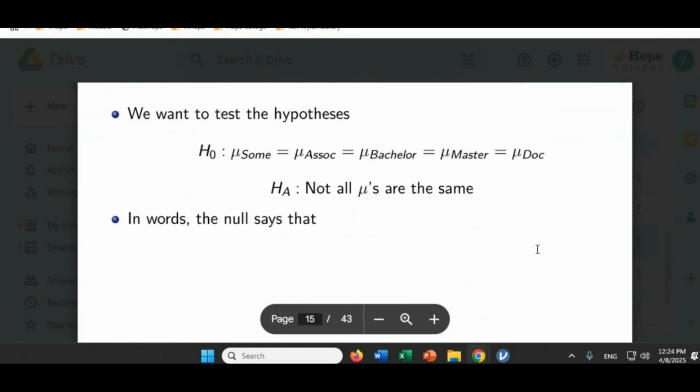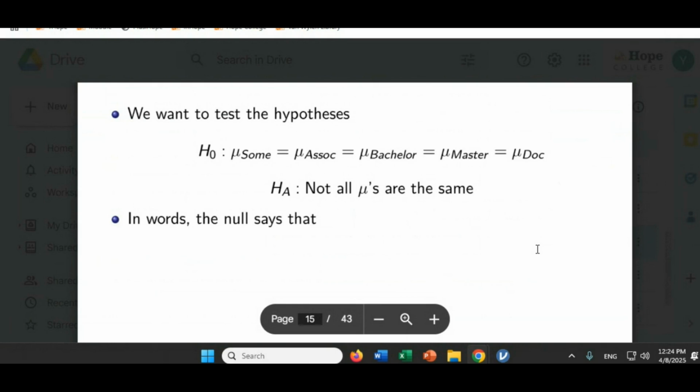Now, can someone give me the language of what the null is saying using non-statistical language, using the word association? Anyone want to try? What is the null saying? If you want to use the word association, I've taught all these things in the proportion problem.